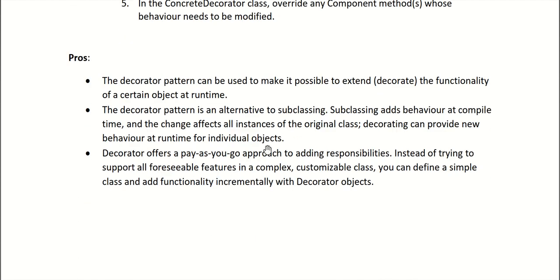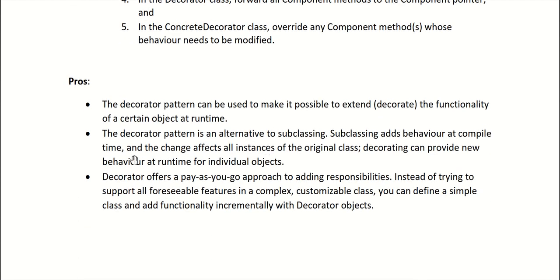So what are the pros? The decorator pattern can be used to extend the functionality of a certain object at runtime. Yes, we can do that. This is really useful when you have some DLLs for which you are missing the source code itself. You just have the DLL file, so you load the assembly at runtime, create an object of that particular library and enhance it.